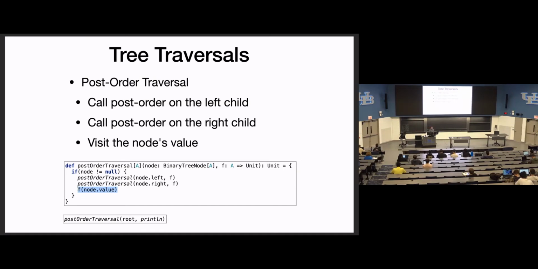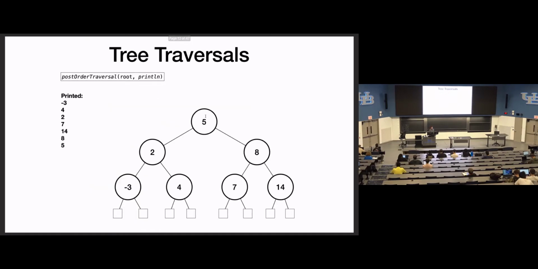So if we visit in this order, we're going to make recursive call, base case, then visit this node, return, recursive call, base case, visit 4, return, visit 2, return, recursive call, base case, visit, return, recursive call, base case, visit 14, return, visit 8, return, visit 5.